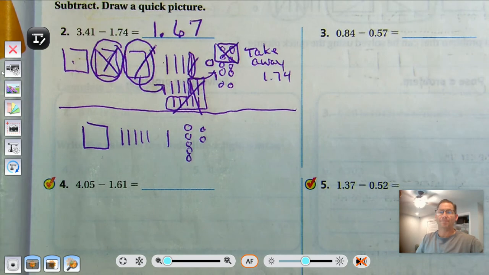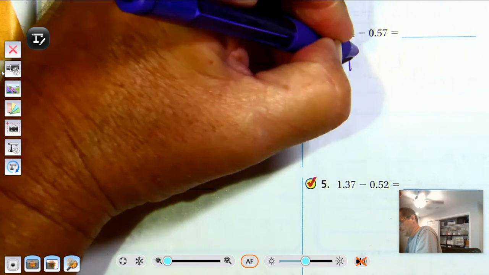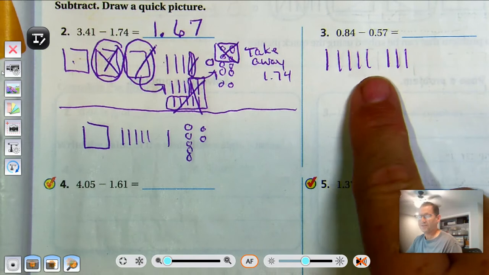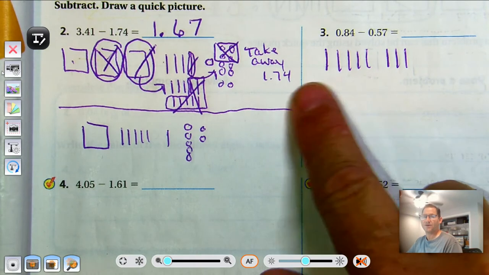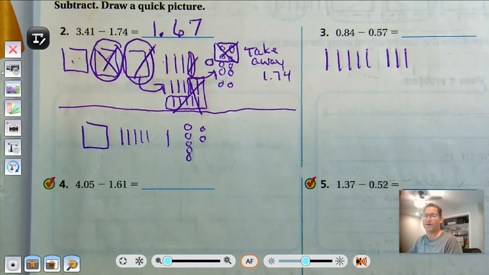Okay, number 3. So what would the picture be for 84 hundredths? Well, we'd have 8/10. And it's easier to go ahead and keep a space because we know that that's 5. Okay, so it's easier to subtract that way.